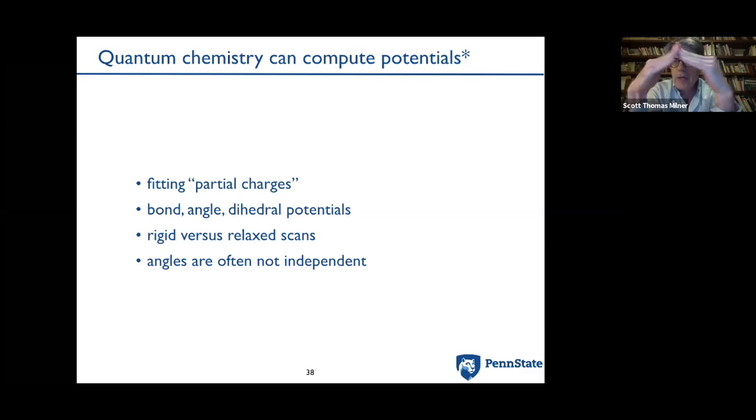Angles, again, roughly harmonic angle potentials about some preferred angle for different bonded triples of atoms, and dihedral potentials, which are a little trickier because they're quite soft, and so it's possible to rotate molecules about bonds through the entire 2 pi, and so the potential is not well approximated in that case by a harmonic potential, and one has to fit that to some periodic function, typically a sum of cosines.